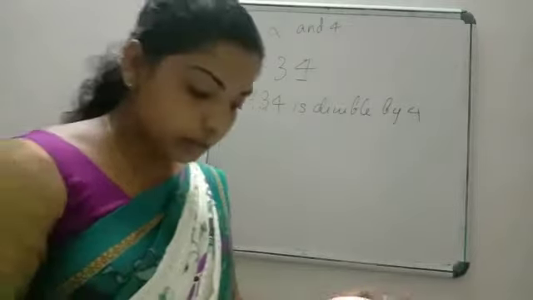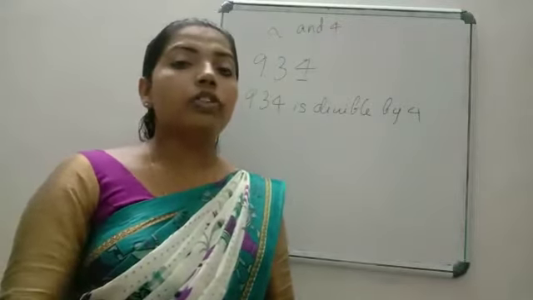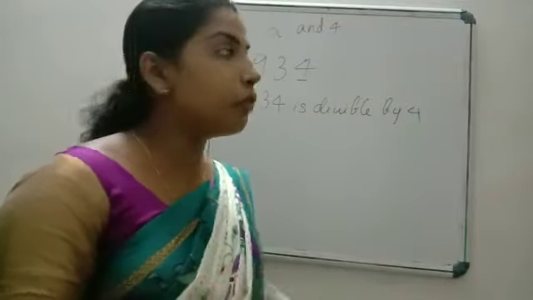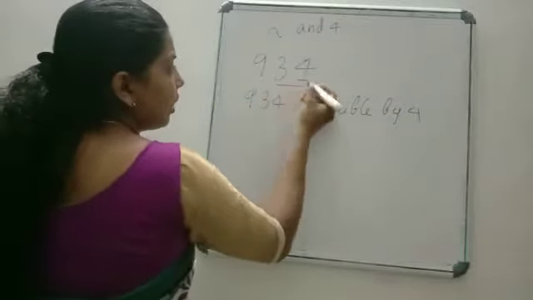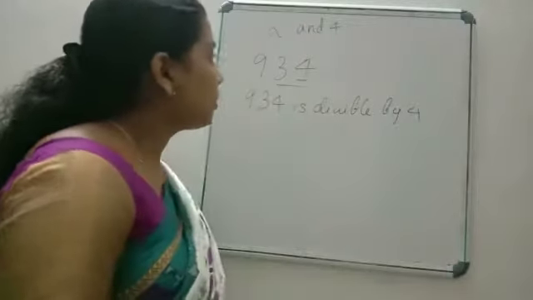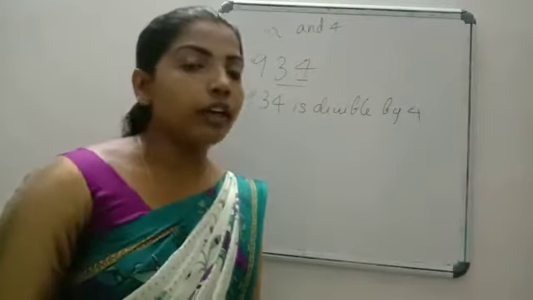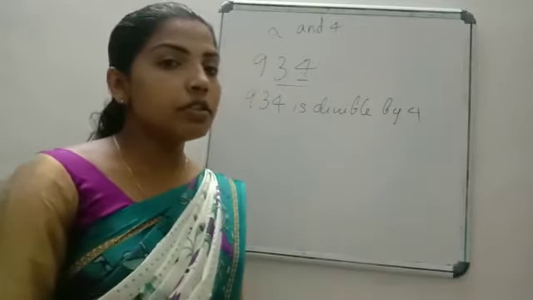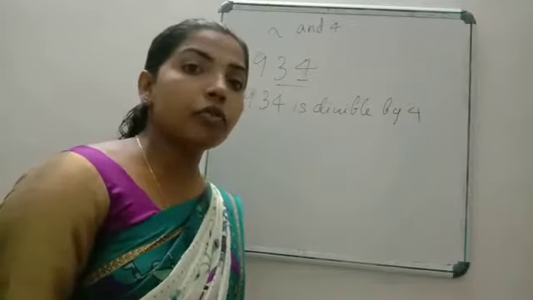How can we check the divisibility by 4? Just take the last 2 numbers, that means the numbers in the ones and tens place, and if that number is divisible by 4, we can say that this number is also divisible by 4. Here the number is 934 and the number in the tens and ones place is 34. Is this 34 divisible by 4? 8 4s are 32. 9 4s are 36.